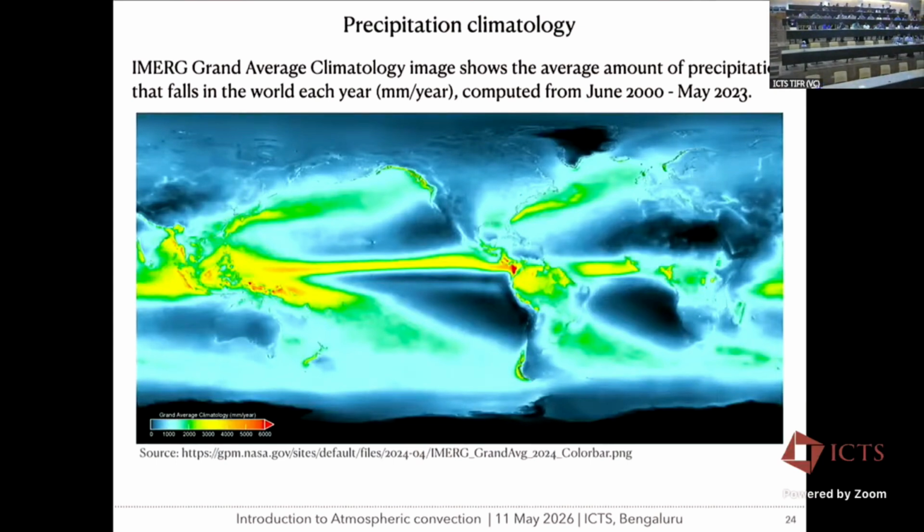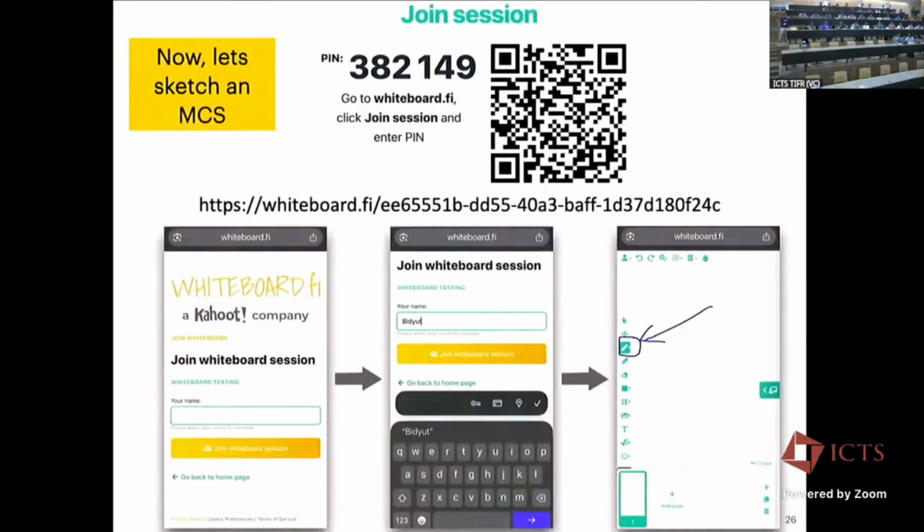I had one small doubt regarding the comparison between ocean and land regarding updrafts. Maybe you mentioned it, I don't know if I missed it or not.